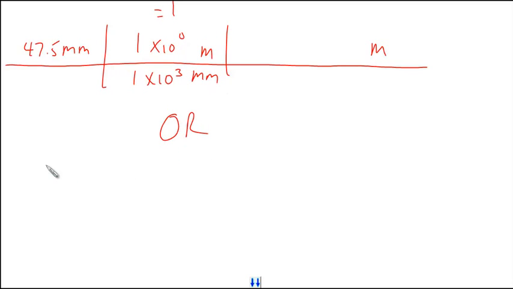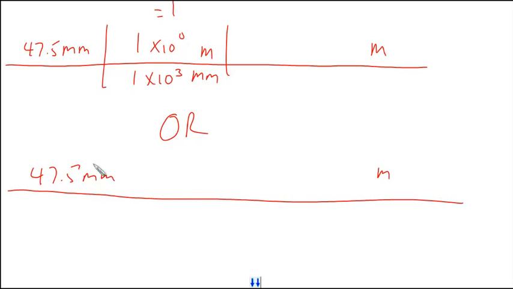Or you could say 47.5 millimeters, we want to convert to meters. It's the same problem, we're just using the conversion factor in a different version, with millimeters and meters. We could say that 1 times 10 to the negative 3 meters equals 1 millimeter.